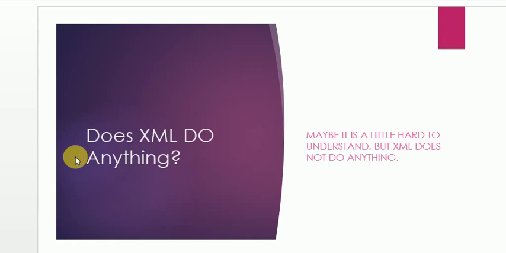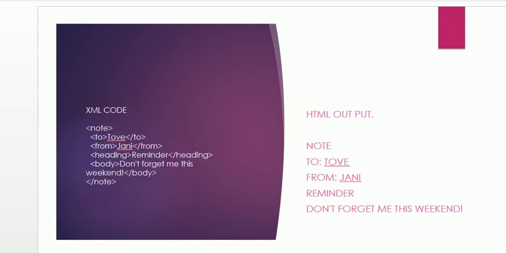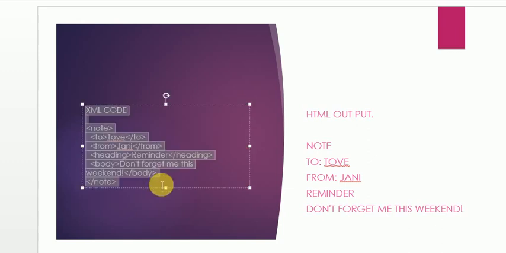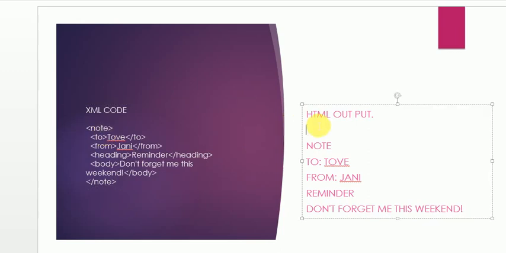Does XML do anything? Like I've said earlier, it may be a little hard to understand, but simply put, XML does nothing apart from storing and transporting data within the internet, within pages. This is a sample of XML code. The tags of XML are different from the tags of an HTML page.